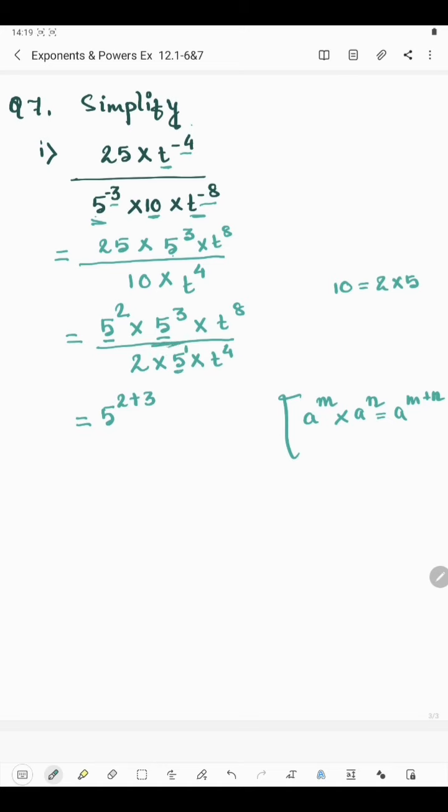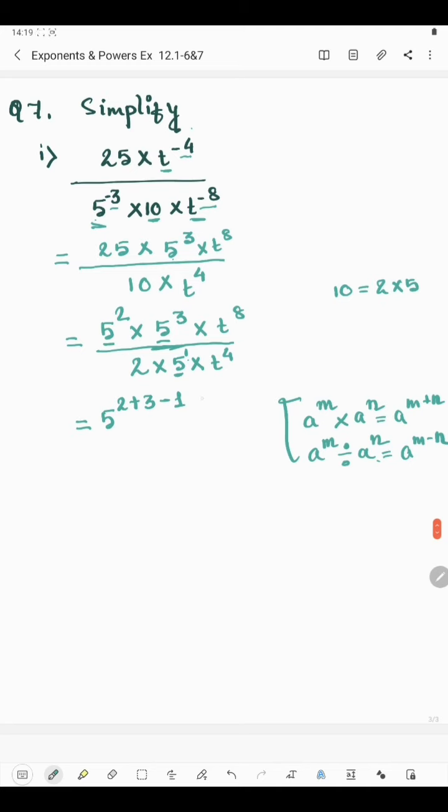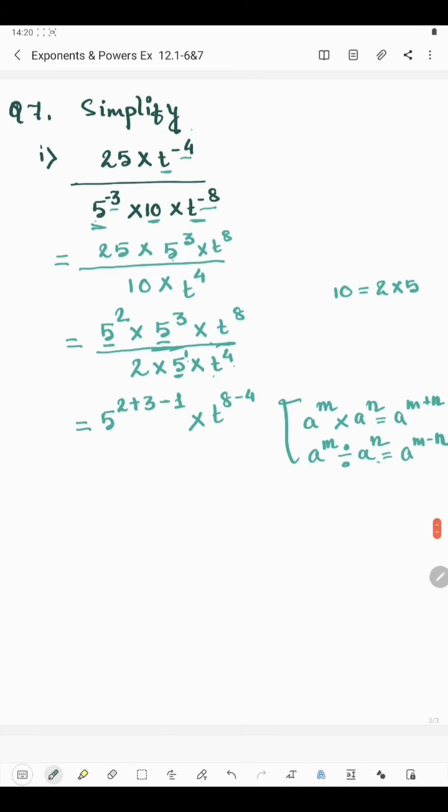So since in between divide sign is there, a to the power m and a to the power n, in between divide sign is there. So since we have the same base, we subtract the power. So here power is 1, so we will minus it. Okay, into t to the power 8 divided by t to the power 4. So here also we'll subtract the power because we have the same base and in between divide sign is there.